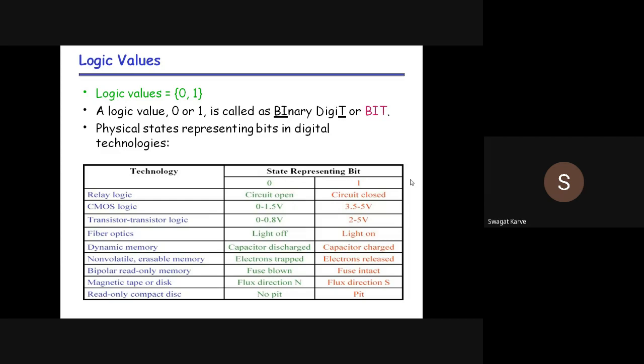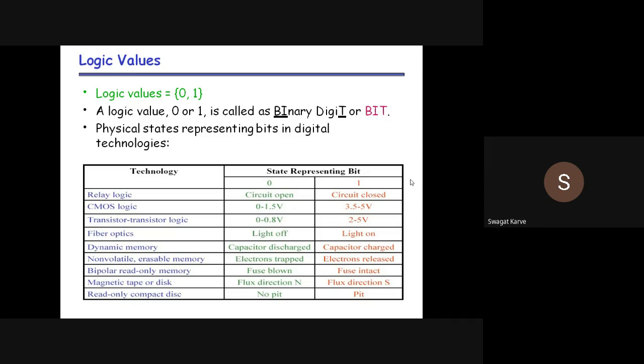And in case of logic 1 in dynamic memory, whenever the capacitor gets charged, then you can say it's a logic 1. That means capacitor discharged is logic 0 in dynamic memory, and for logic 1, you can say the capacitor is charged.